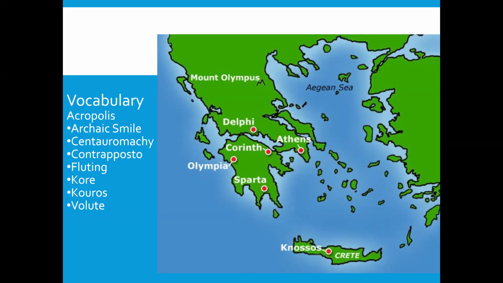So, a few things to note about this time period. Humanity becomes the measure of all things, much like it is in Western civilization still today. And from this comes democracy, as well as major contributions in art, literature, and science.